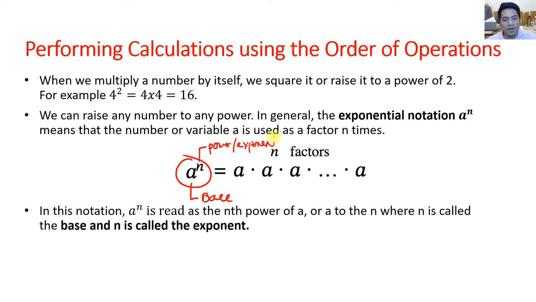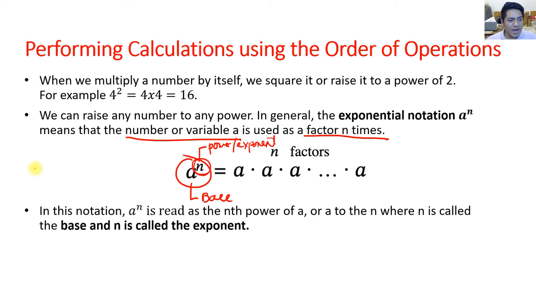The exponential notation a raised to n means that a number or variable a is used as a factor n times, so a is repeatedly multiplied by itself n times.